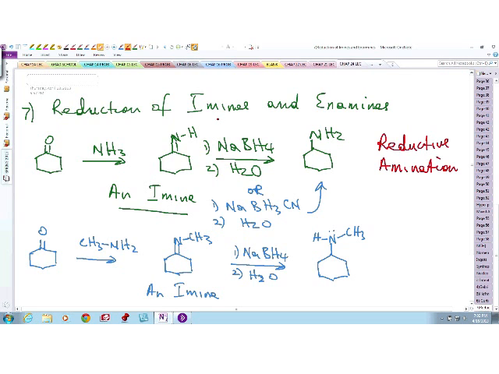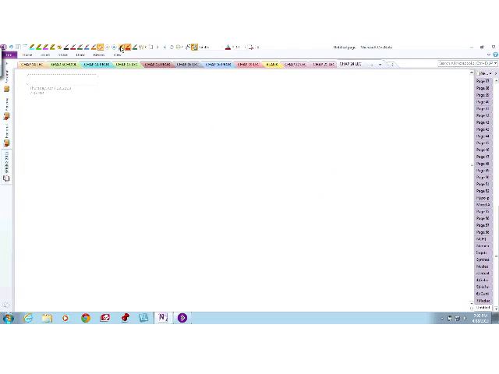Now, supposing you want to form a tertiary amine, what do you do? Anybody? Exactly. You start with a secondary amine using the same reductive amination. So very good. Let us go back using as example again the cyclohexanone.